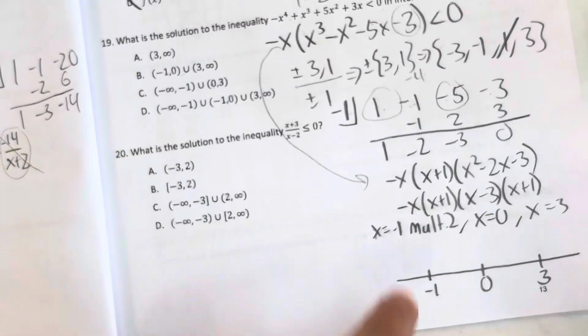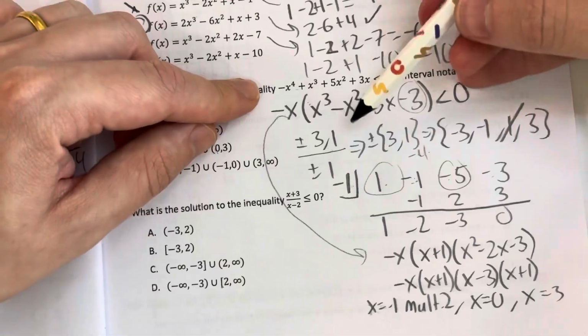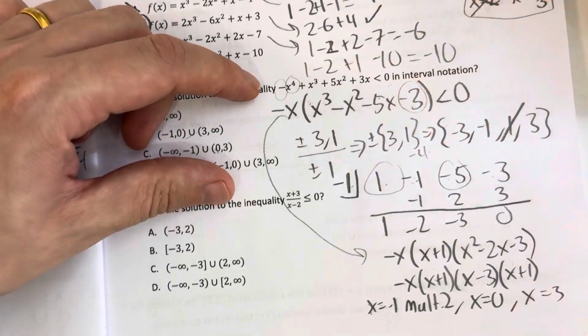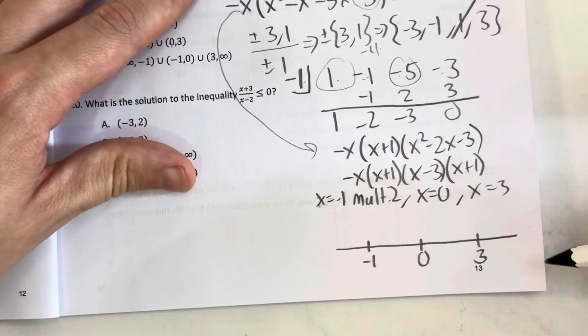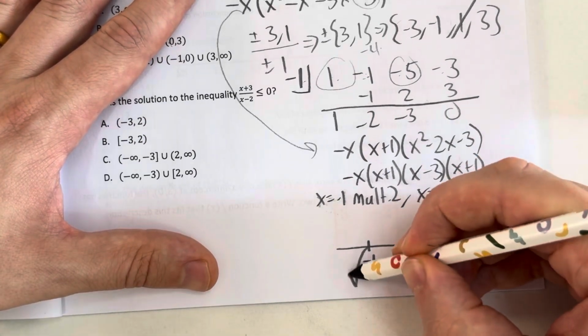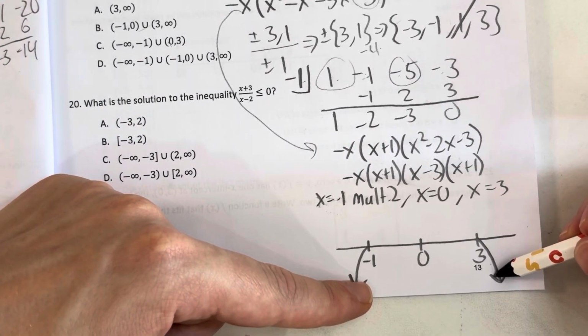Doesn't have to be to scale, just in order. Now go back. We've got degree 4, negative leading coefficient. That means we know the end behavior. Even degree, negative leading coefficient, we know it's downward like that.